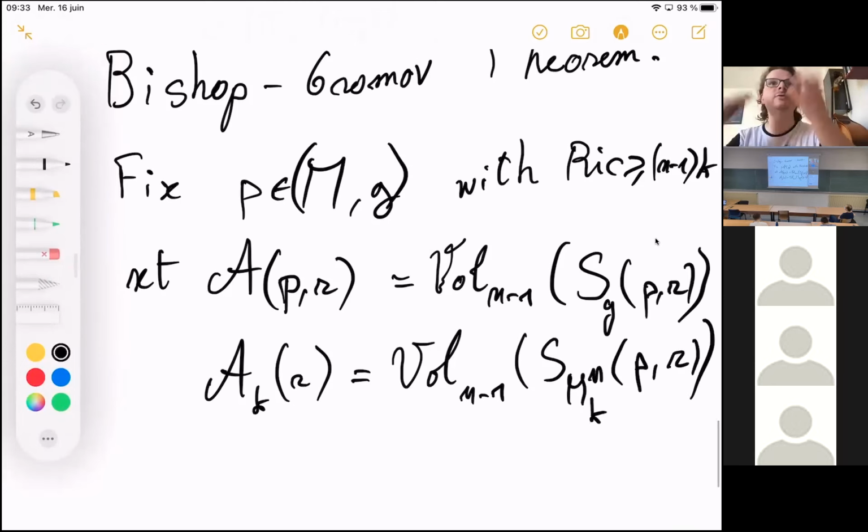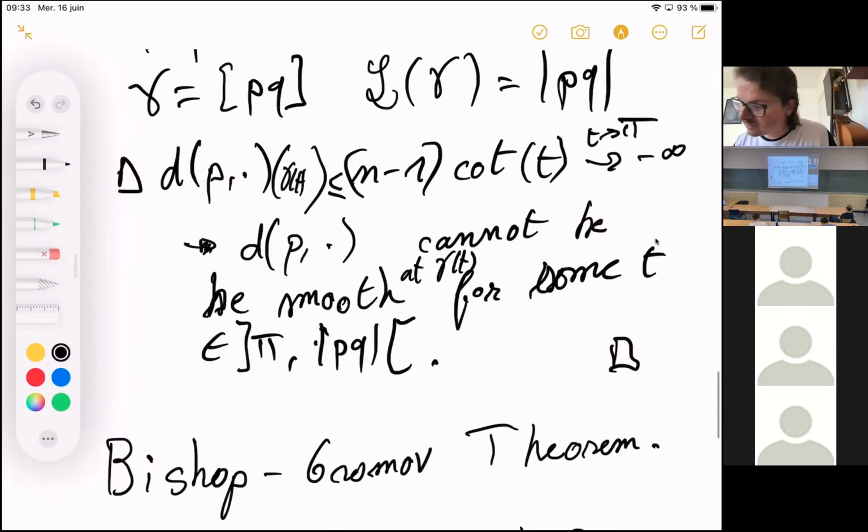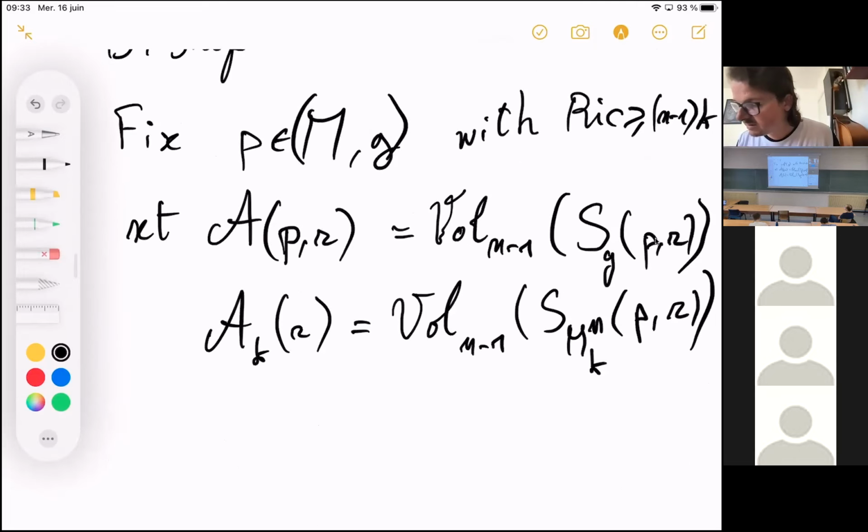So we have some control on the mean curvature of those spheres, so we have some control about how this A_p(r) behaves with respect to r.